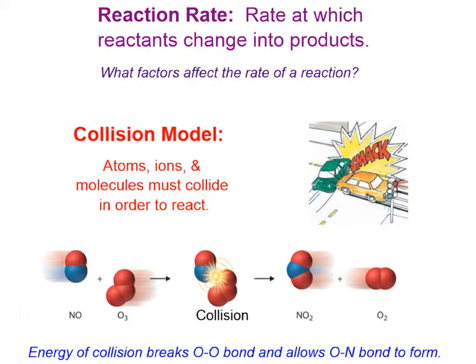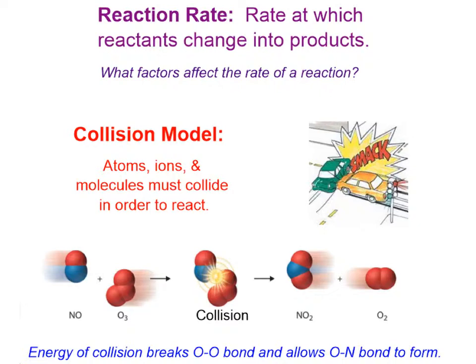The collision model of a reaction states that atoms, ions, or molecules must collide in order to react. We actually have to have a collision or there will not be a reaction. In other words, this nitrogen monoxide must actually collide with this ozone molecule in order for the reaction to occur.